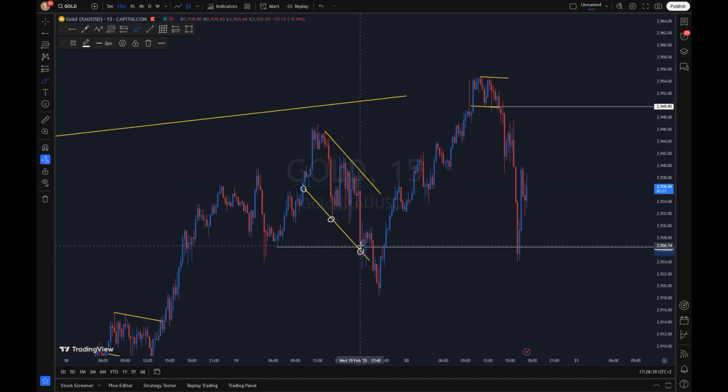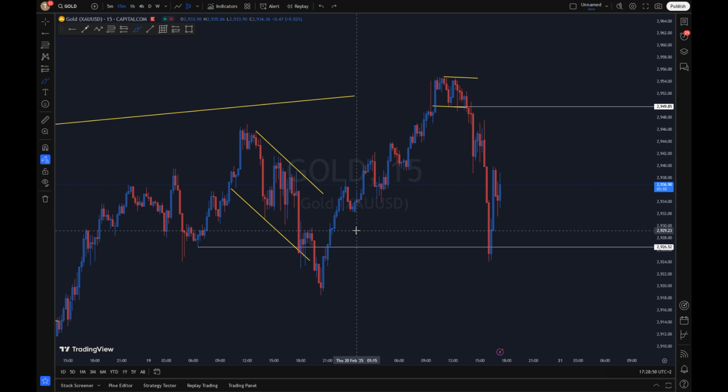Price closed this bearish candlestick above my hook point. So this is my A plus setup, and I'm happy with this loss, but not this one. I'm totally frustrated, but it is what it is.